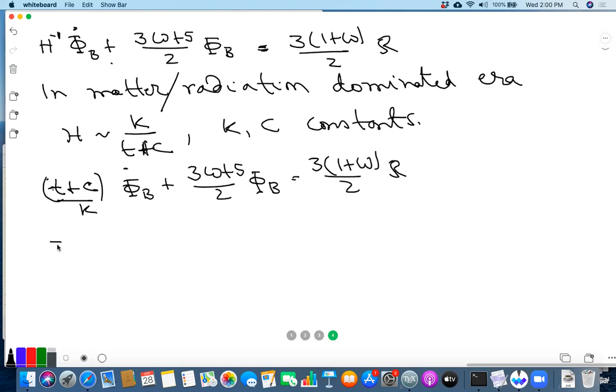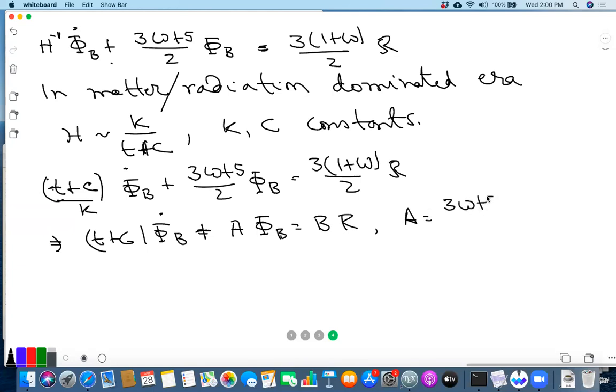Now I'm going to rewrite this as (T plus C) phi b dot plus a phi b equal to b r, where a is basically (3w plus 5)/2 times K, and b is 3 times (1 plus w)/2 times K. This equation you can easily solve. You basically multiply by (T plus C) to the power a minus 1.